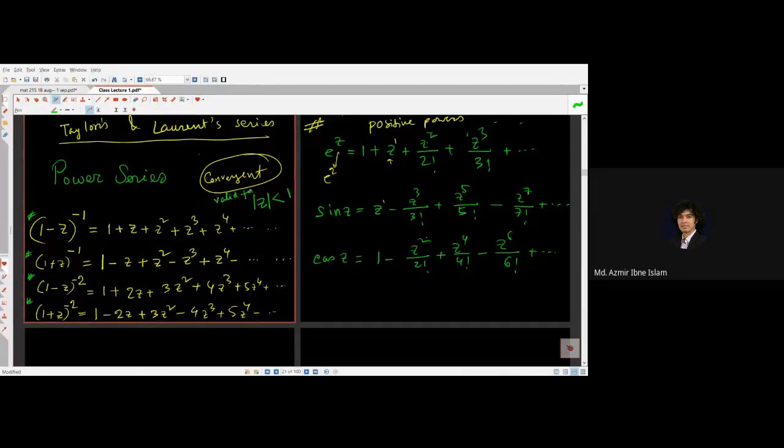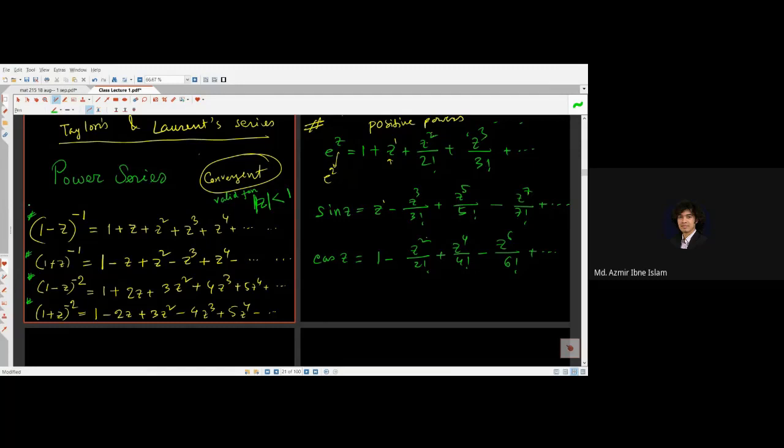If we have modulus of z less than 1, that means we can think about a contour. So it is a circle. That means inside a circle with radius 1, the interior part, this function will be analytic. Is that okay?